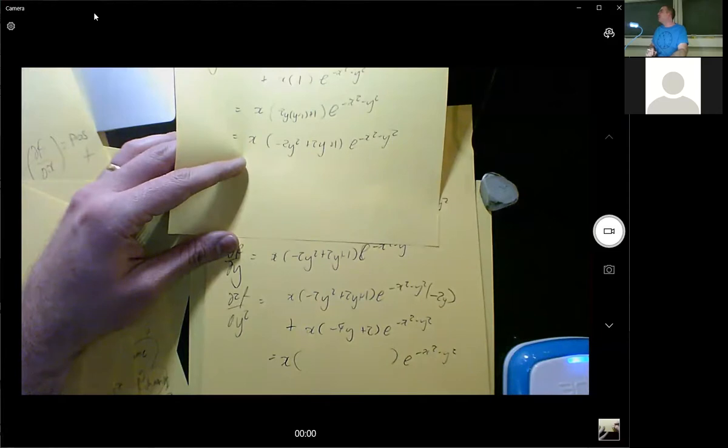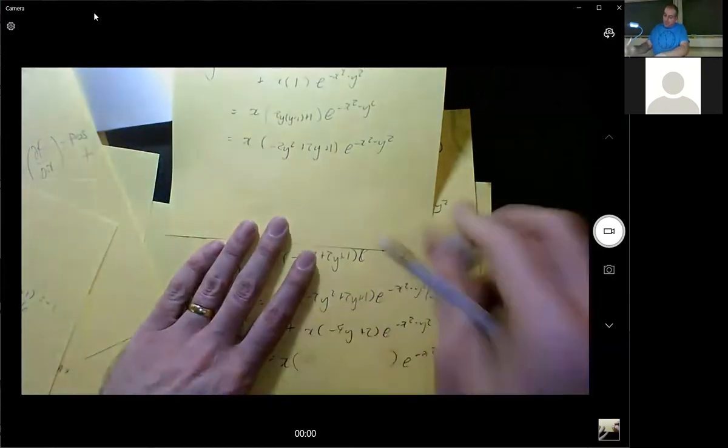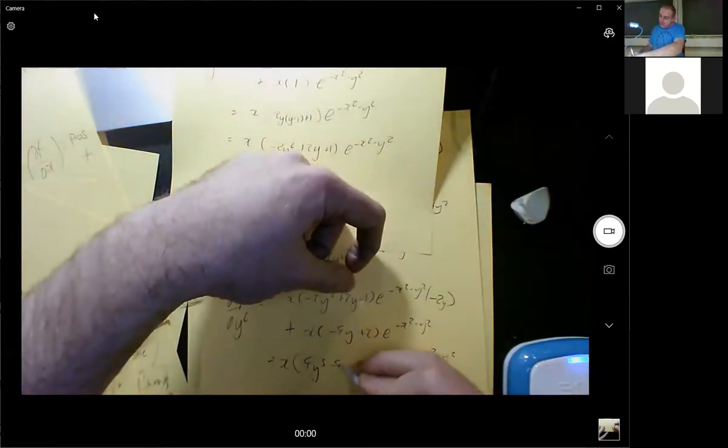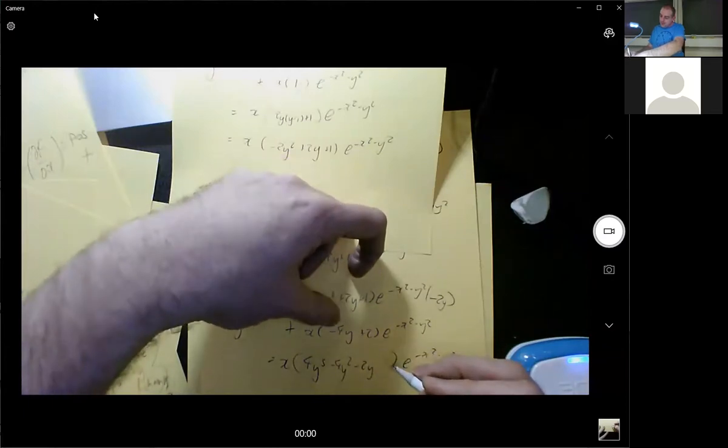And it's not pretty. Good-o. So I've got 4y cubed minus 4y squared minus 2y plus, minus another 4y plus 2.